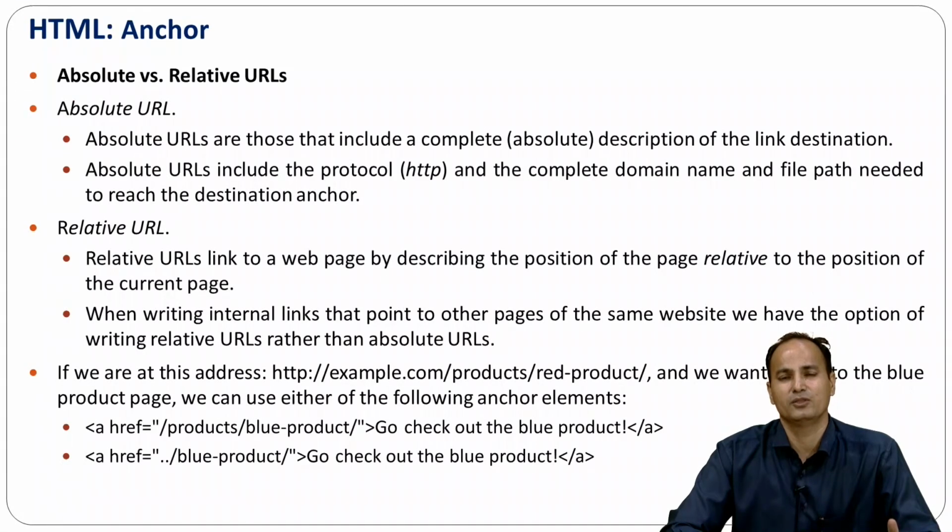Now, as we know, we are providing various URLs in the hypertext reference attribute. There may be two types of URLs. It may be an absolute URL, or it may be a relative URL. An absolute URL is the full address, the full path to be provided, while a relative URL is relative to the specific document.